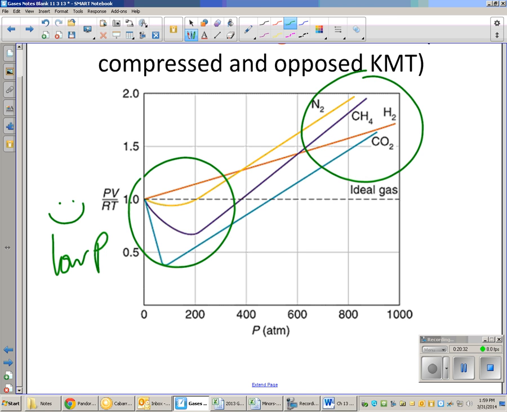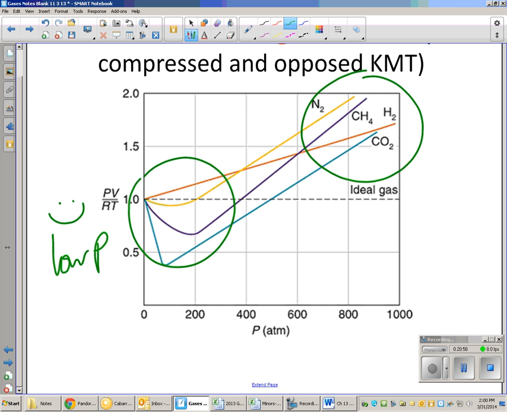If I'm running by Sean and I'm a gas particle and I'm slow, I can easily become attracted to an IMF here. But what if I'm super fast? I don't have time to interact, right? So if I was a fast-moving particle, I would not interact very well because I'm just zooming by the other particles. That would make me satisfy the ideal gas rules, right?